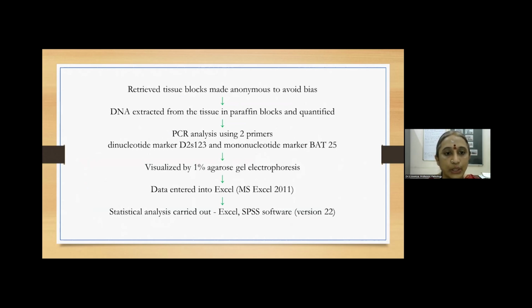One was a dinucleotide marker D2S123 and mononucleotide marker BAT25. The result was visualized by 1% agarose gel electrophoresis. The data were entered into Excel, and the statistical analysis was carried out using SPSS software version 22.